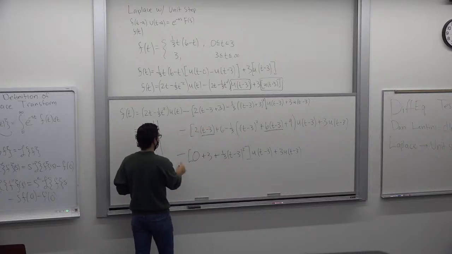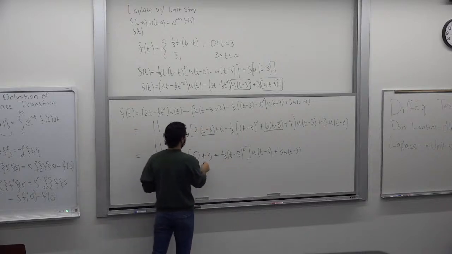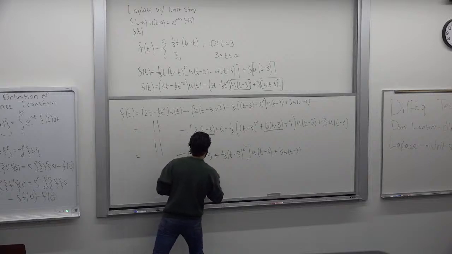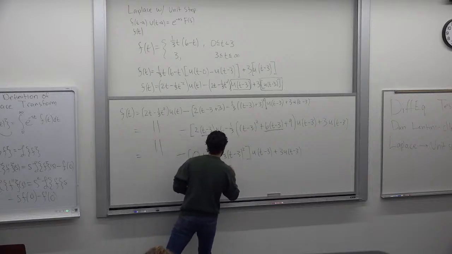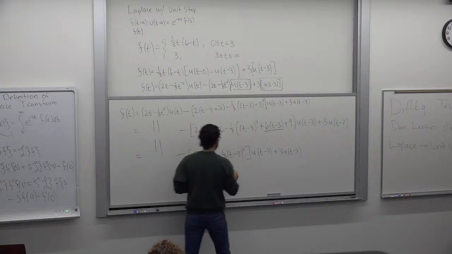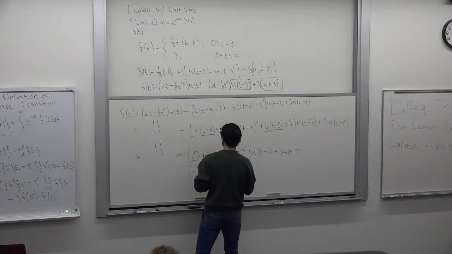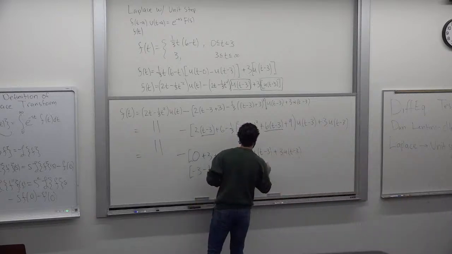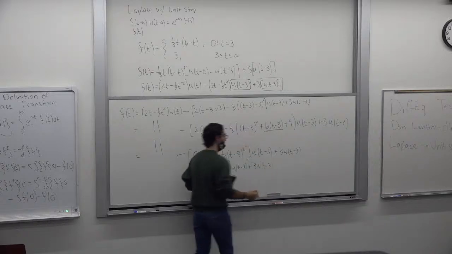So I have this negative, and I'm going to distribute the negative. So that's minus 3 minus 1/3 (t minus 3) squared u of t minus 3 plus 3 u of t minus 3.